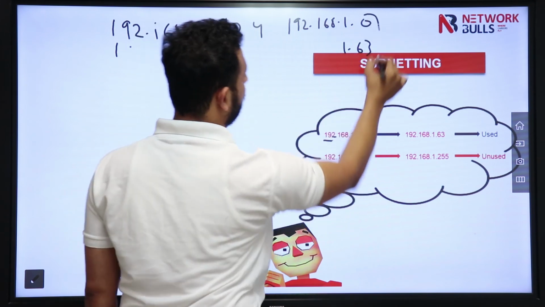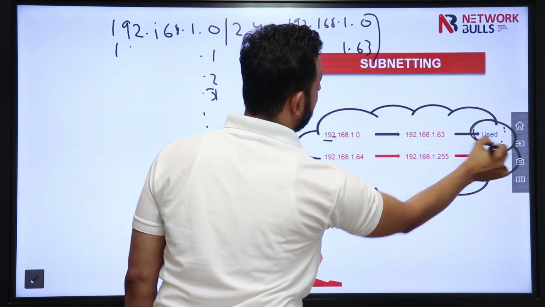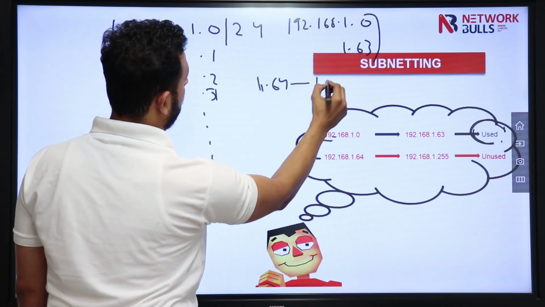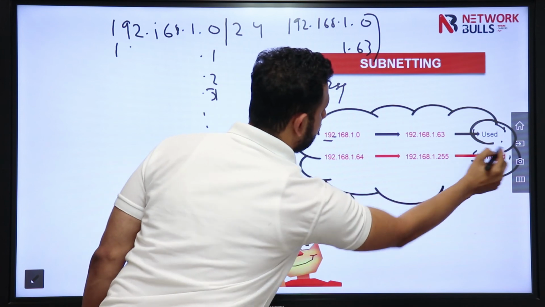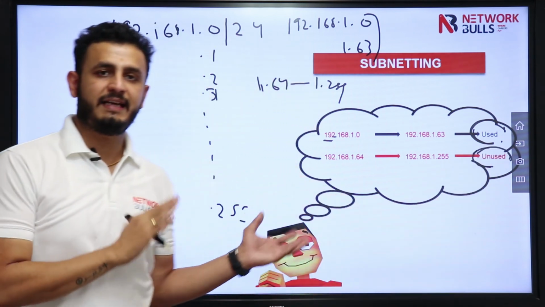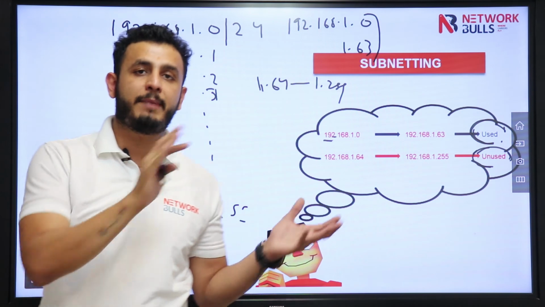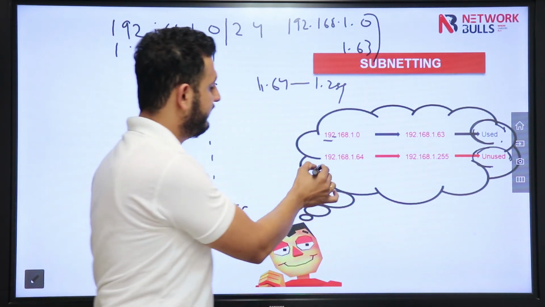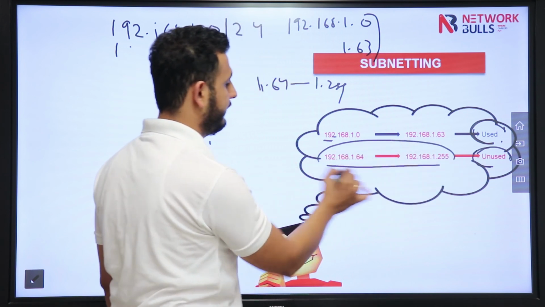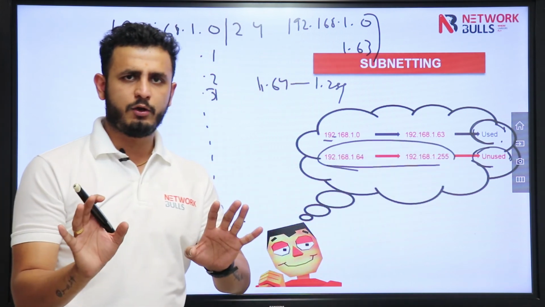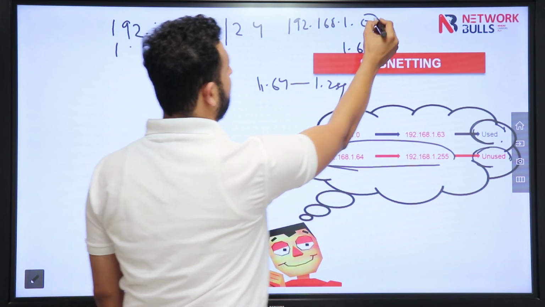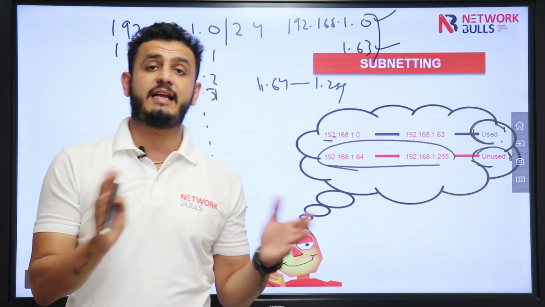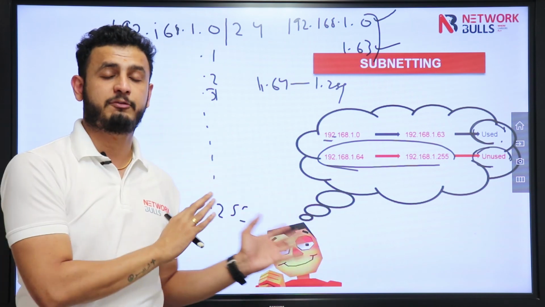So now this is my used subnet, the subnet I am using, and the rest of the subnet, 1.64 to 1.255, is still unused. So here you have seen how I have divided a big subnet into a small subnet that I want to use. I don't want to waste these IPs. I am not using this part of the subnet. And one thing you already know, in this subnet 1.0 will be network ID, 1.63 will be broadcast ID. In total there will be 62 usable IPs like I explained before.